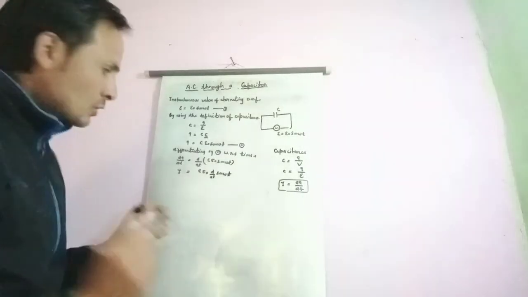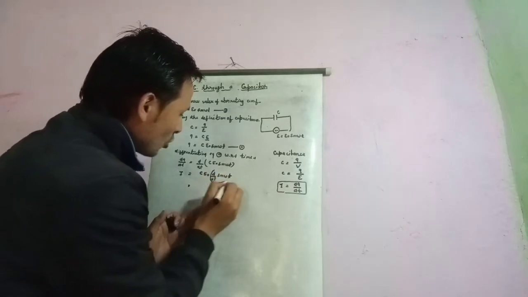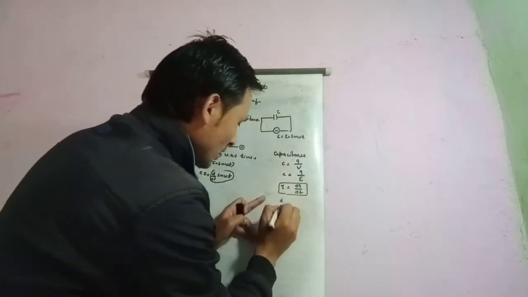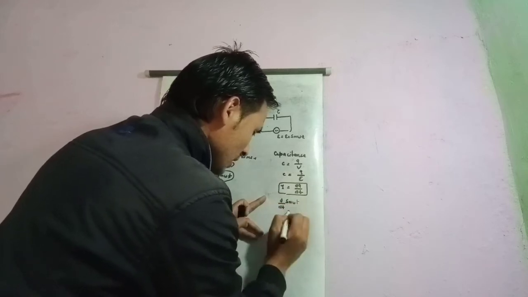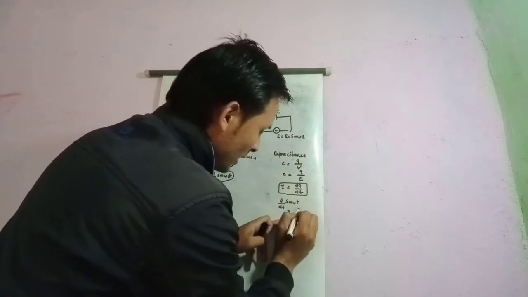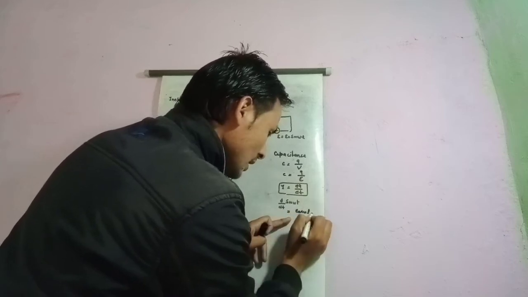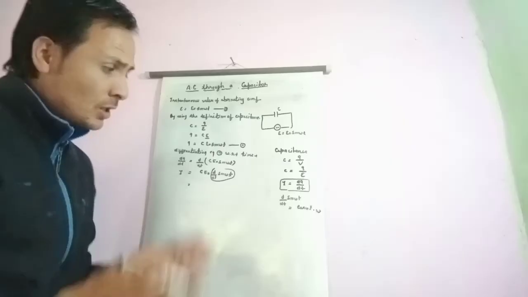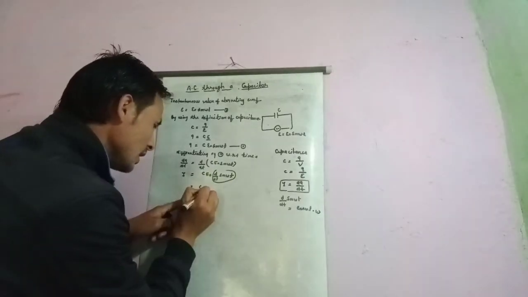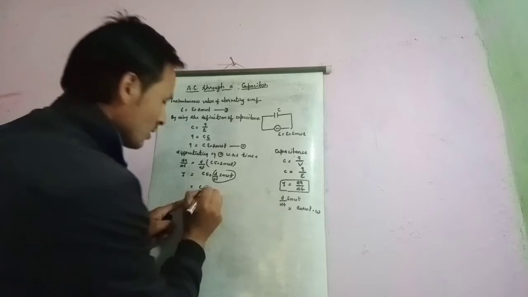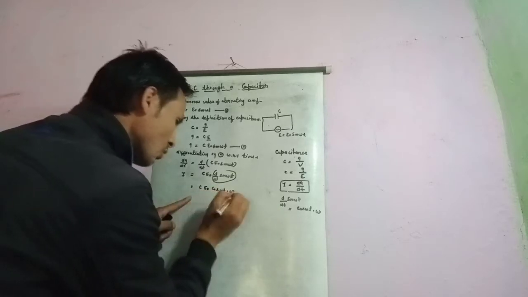The differentiation of sine omega t is cos omega t into omega. So we get C E naught cos omega t into omega.